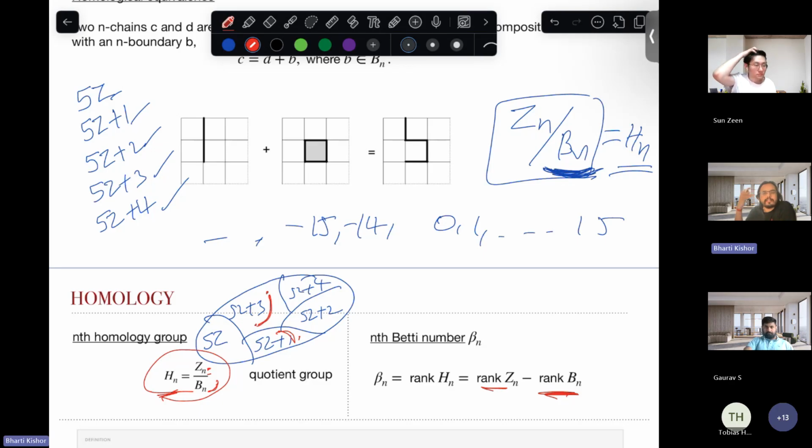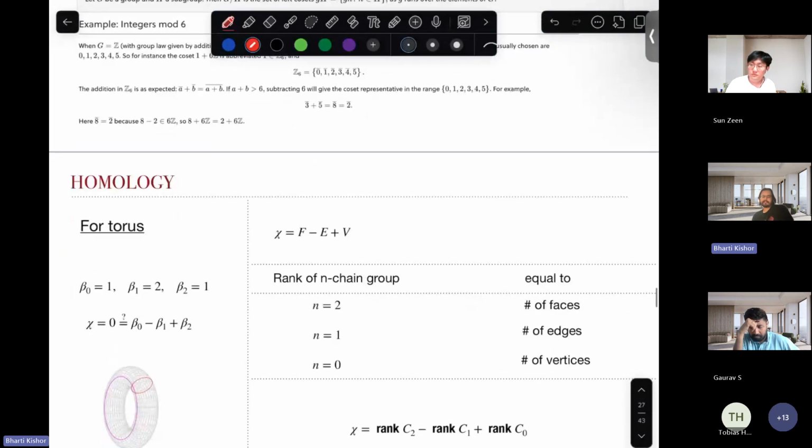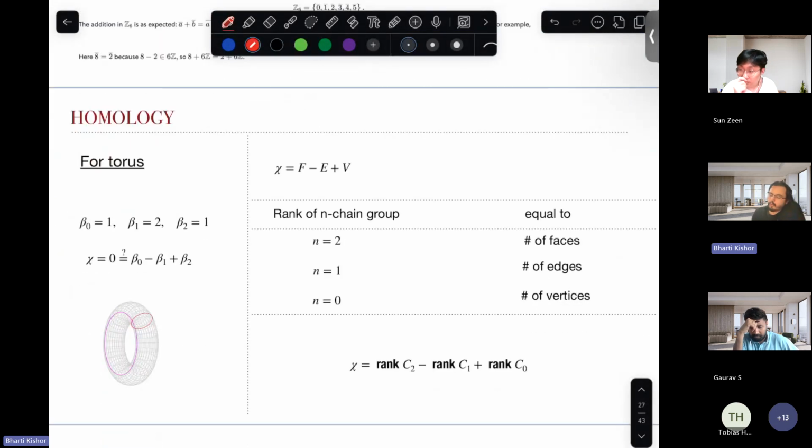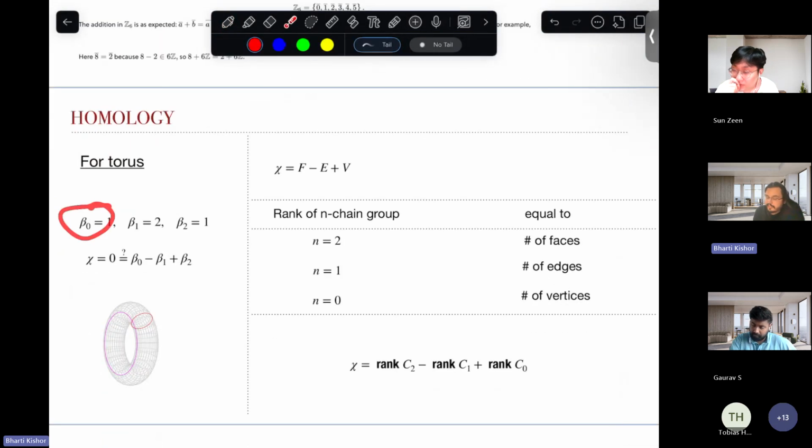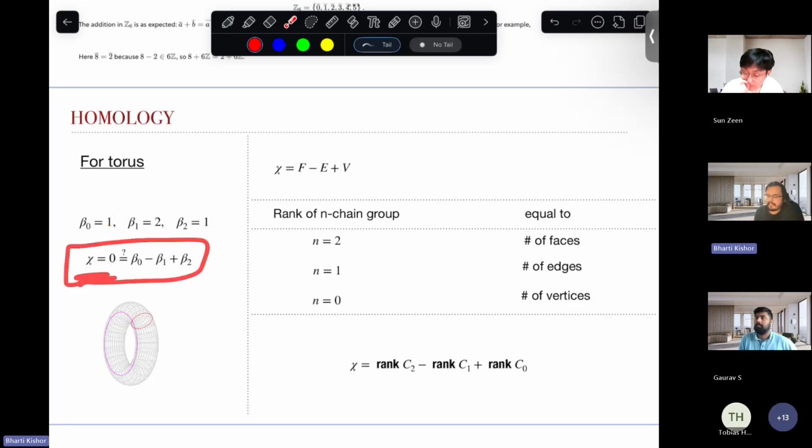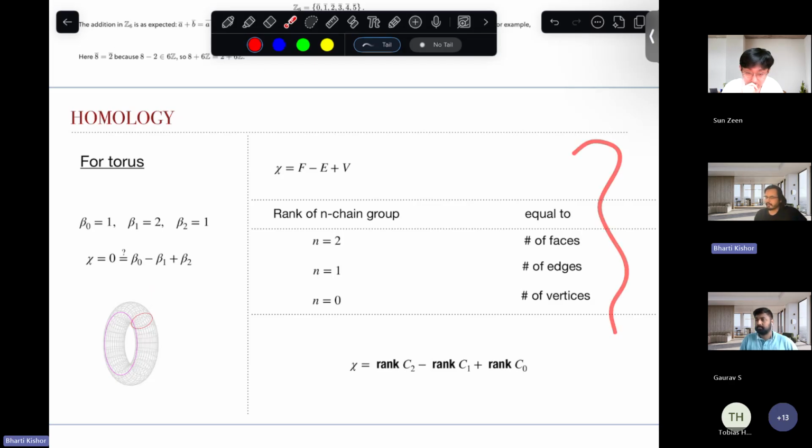So you count the rank of the cycle group and the rank of the boundary group, and that will give you the Betti number. Okay, I hope that makes sense. So for example, for the torus, one can calculate beta 0, beta 1, beta 2, and verify that the Euler characteristic is indeed equal to 0.